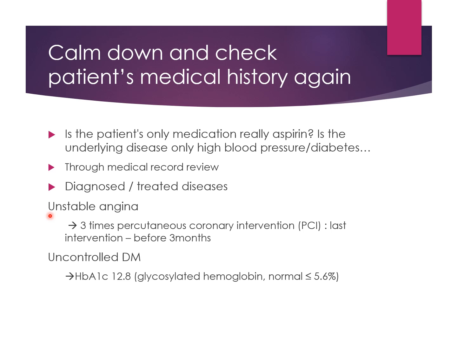First, unstable angina: she had PCI 3 times, the latest performed 3 months before, very recently. Second, uncontrolled DM: her HbA1c level is 12.8. It was very high.